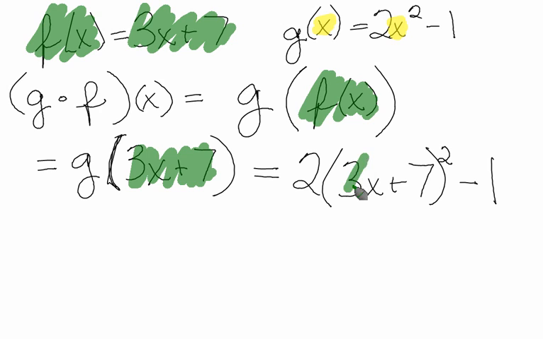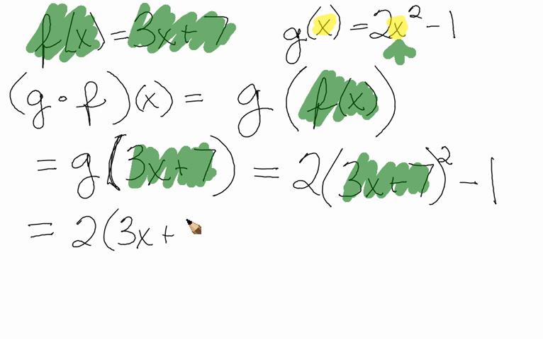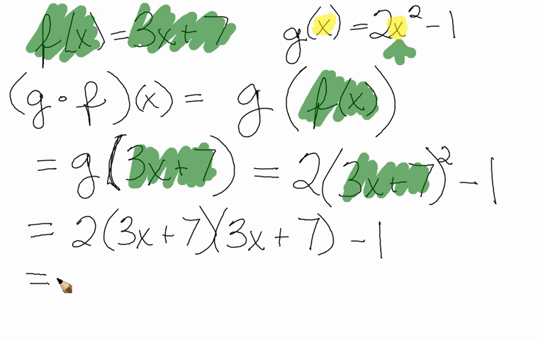Okay, so we just put in the 3x plus 7 right here. Okay, great. So now we want to simplify this as much as possible. Notice that this is squared, so it needs to be FOILed. So we have 3x plus 7 times 3x plus 7, and then minus 1. I'm going to go ahead and FOIL that out.